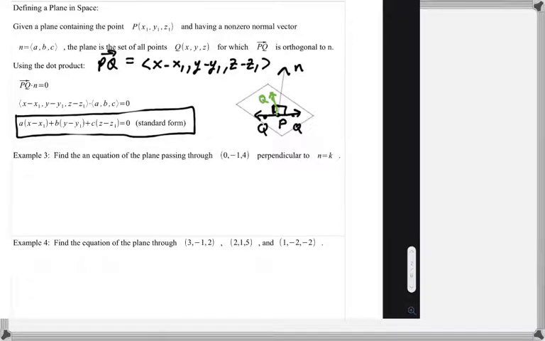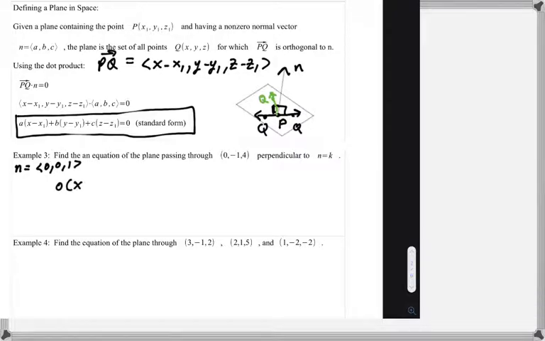Okay, so we're going to look at two examples here. Example number 3, we're going to find an equation of the plane passing through the point 0, negative 1, 4 and perpendicular to n equals k. So n equals k is going to be our normal vector here. So normal vector is k, which would be 0, 0, 1.